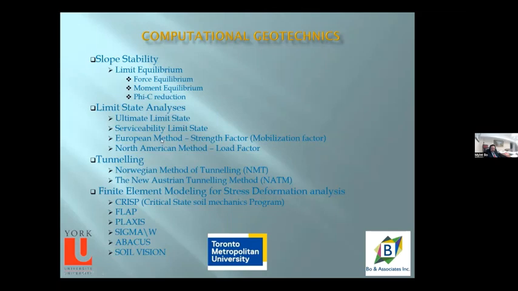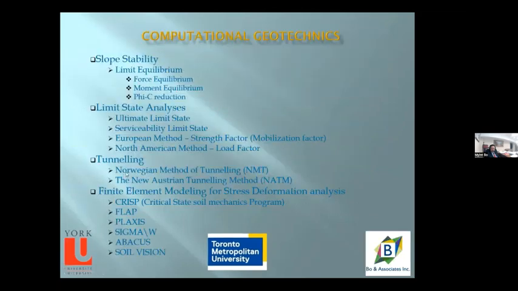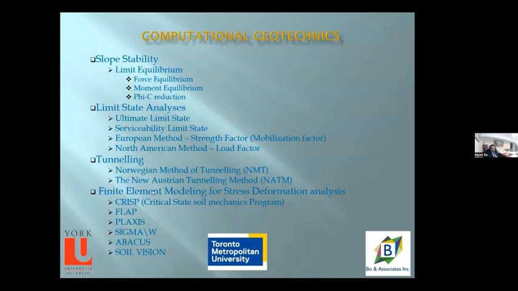Among these limit state methods, two famous methods are European methods for strength factor methods and North American methods for load factor methods. Two famous tunneling methods are the Norwegian method of tunneling and the New Austrian method of tunneling.